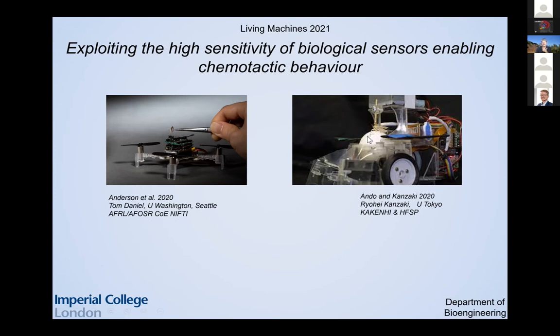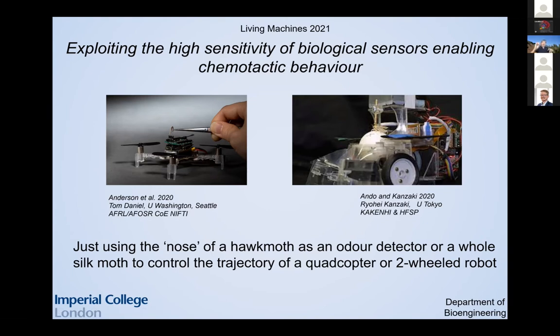That movement is transduced into steering commands for the robot. So these are basically two examples where, in this case, the nose or the antenna is used to control a quadcopter. In that case, it is the whole animal as an olfactory sensor used to control a two-wheeled robot.